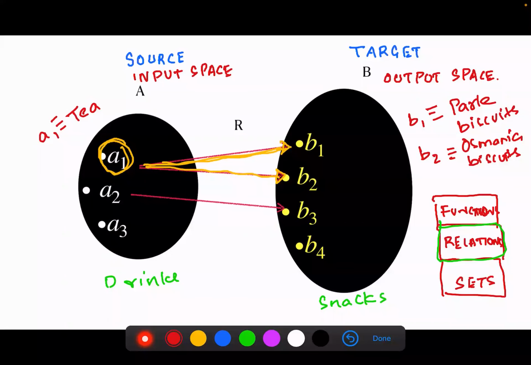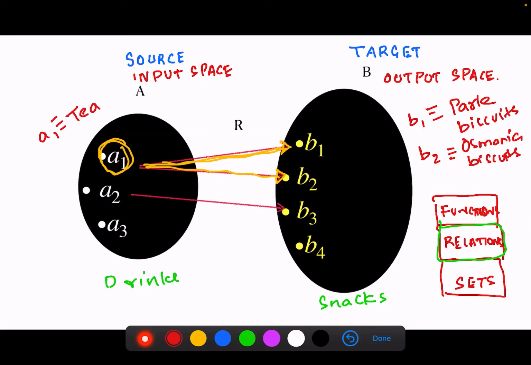So your starting set, you can say A is the source set or the input space, and B you can call the target or the output space, right? And then when it comes to domain, range, and codomain, these are the three terms that are very important to understand.